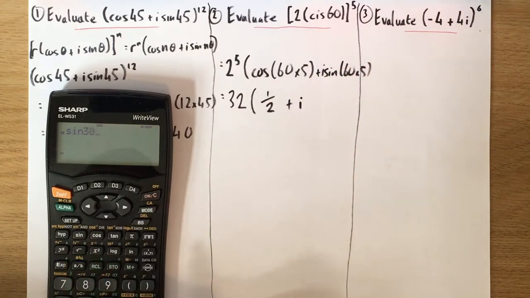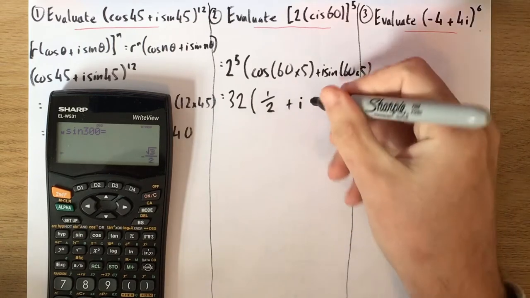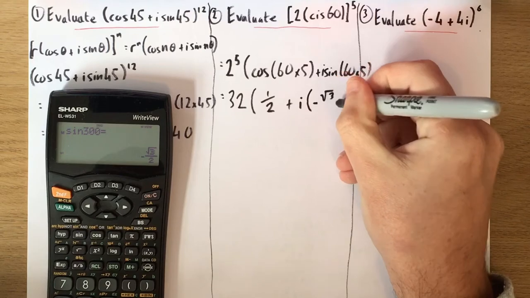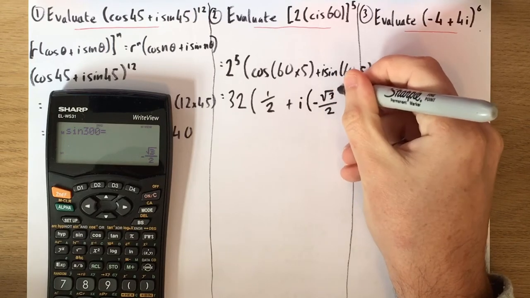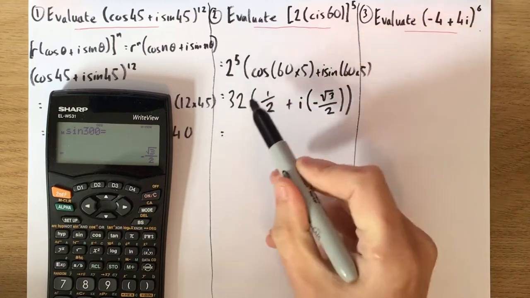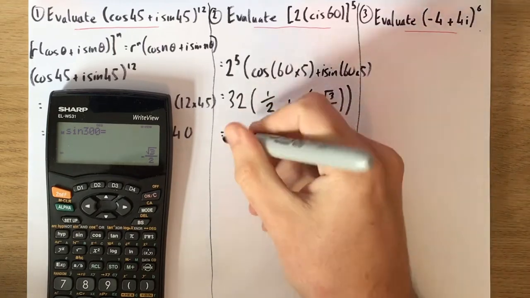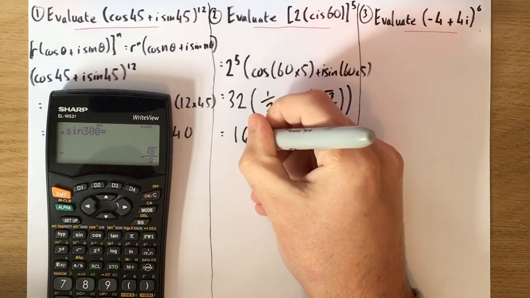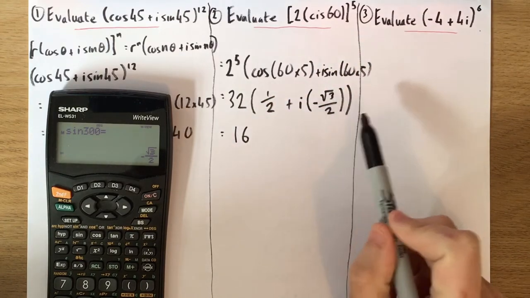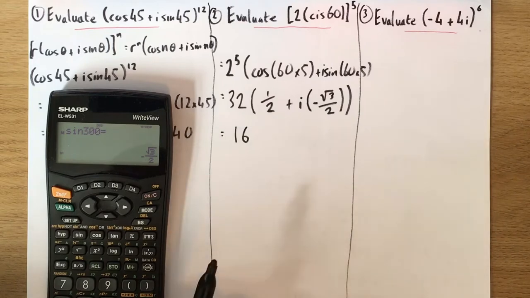So sine 300 is minus root 3 over 2. That's equal to 32 by a half is 16. 32 times this, I could work out in my head, but just to be sure, I will do it on the calculator.